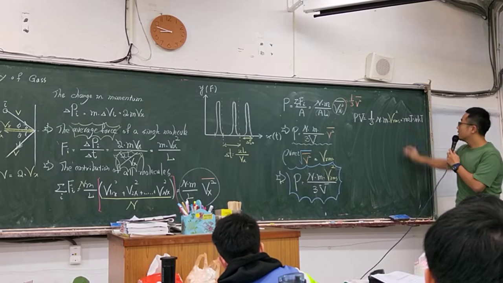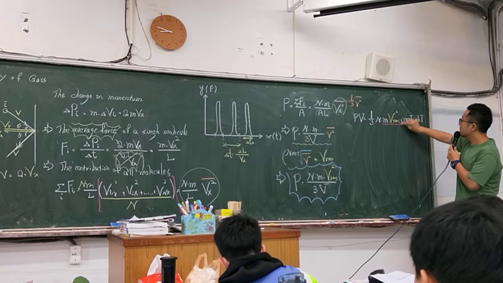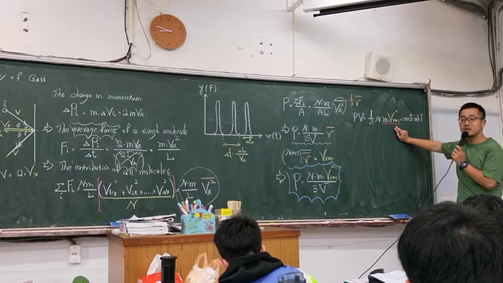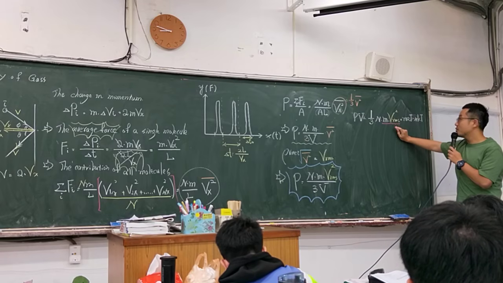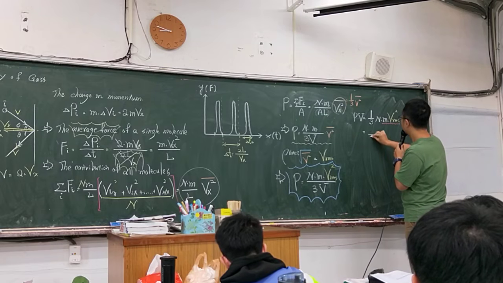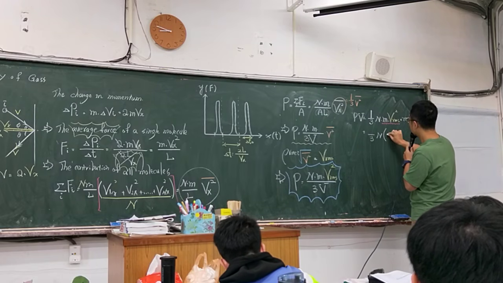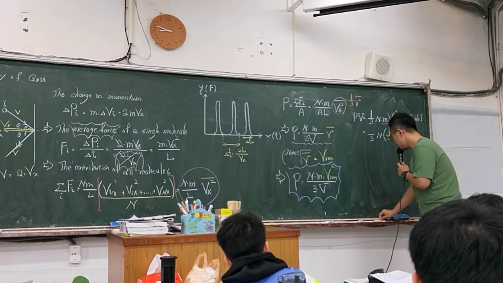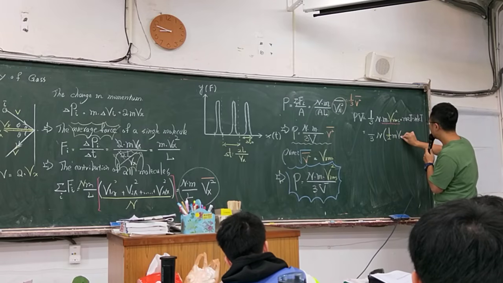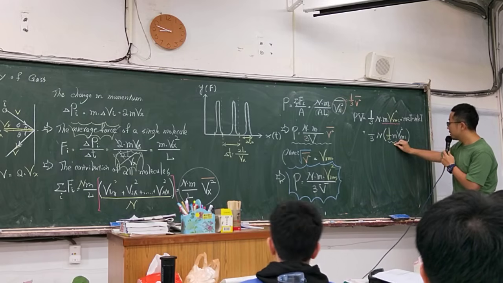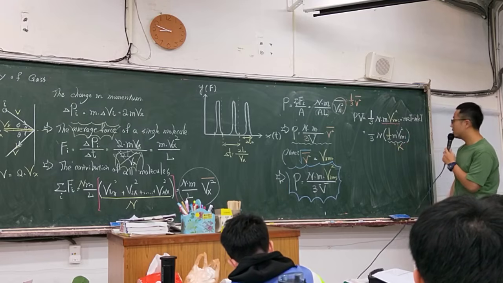Listen carefully. Does it look familiar? The m times v squared, does it look familiar? It's just like kinetic energy. So I can put a 1/2 in front of it, like this. Wow, that's interesting, because this is the average value of the kinetic energy of a single molecule.